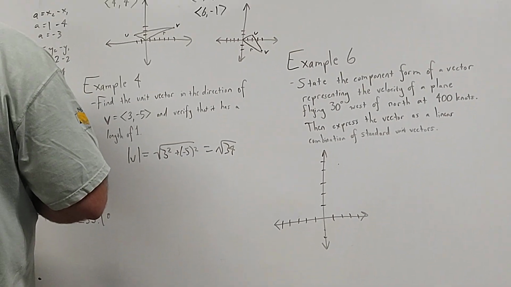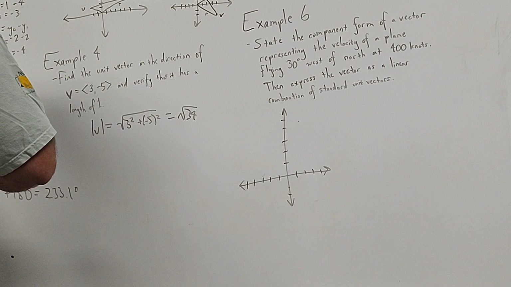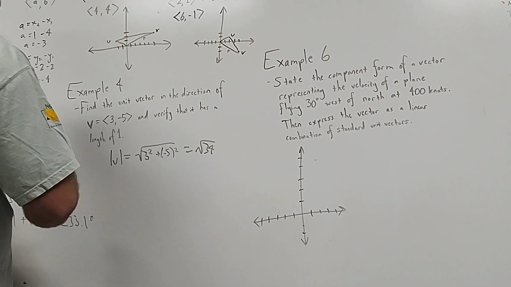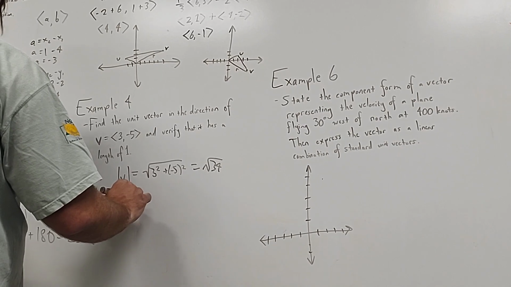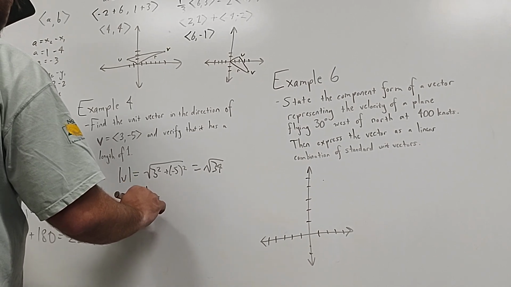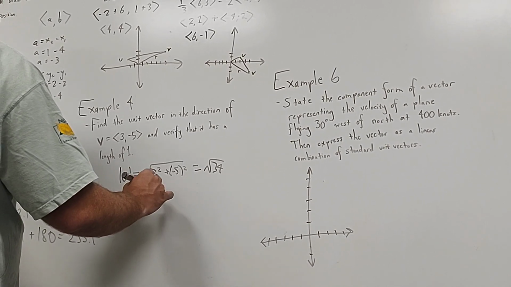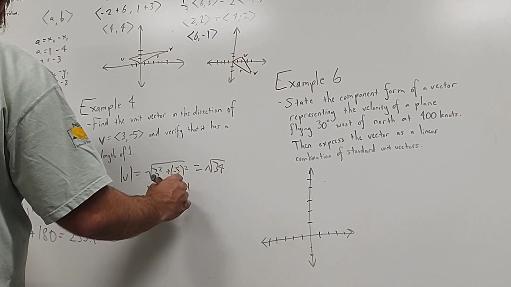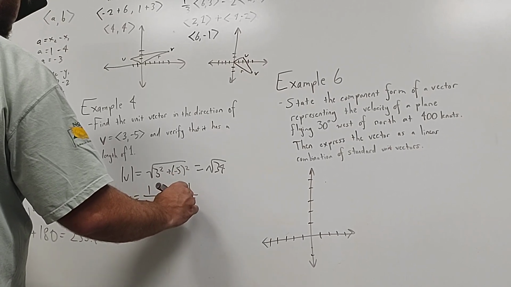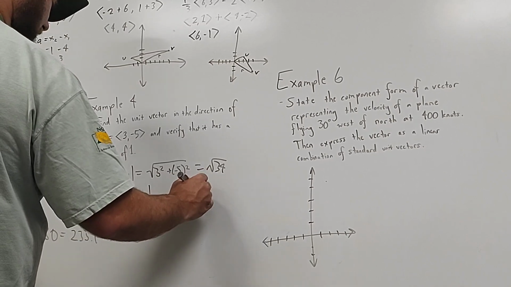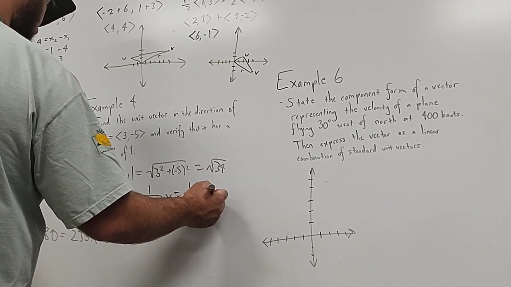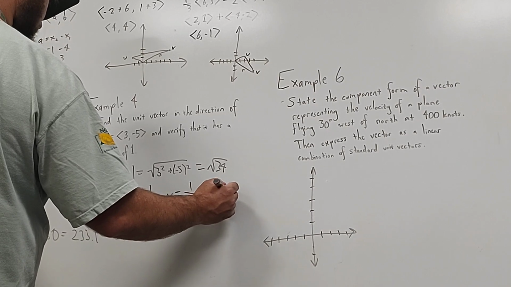The next thing we're going to do is find u, the unit vector in the direction of v. So we're going to say that u equals 1 over the absolute value of v, which is the magnitude, times v itself. So 1 over root 34 times the components 3, negative 5.